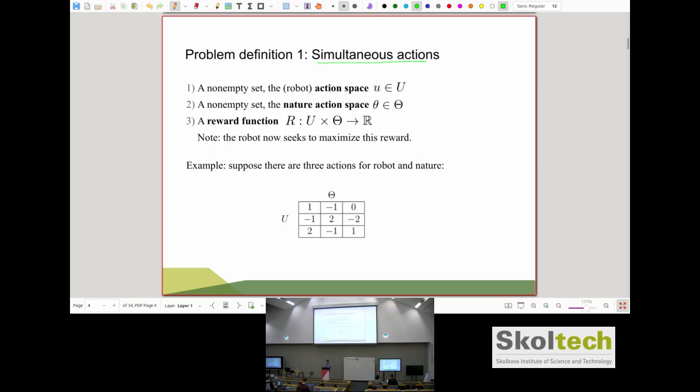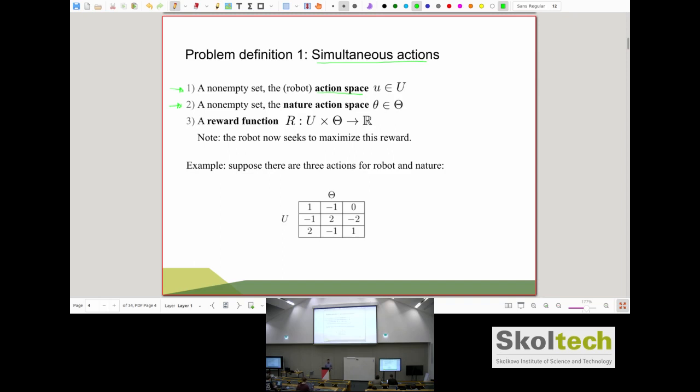What we have now is the usual action space that we are used to talking about, right? There's always an action space. But now we have a second action space that belongs to nature. This could be limited maybe to rain, or it could be any other thing.